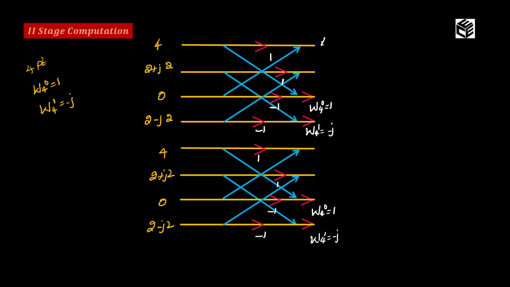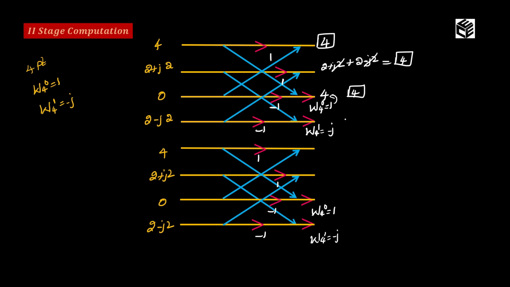So 4 plus 0 is equal to 4 and here it is 2 plus j2 plus 2 minus j2. So plus j2 minus j2 cancels each other, the value is 4. And here it is 4 plus 0 is 4, which is multiplied by this 1. So the answer is 4.